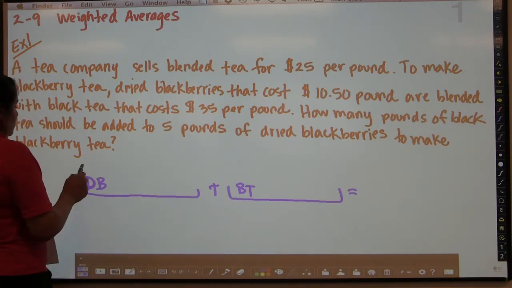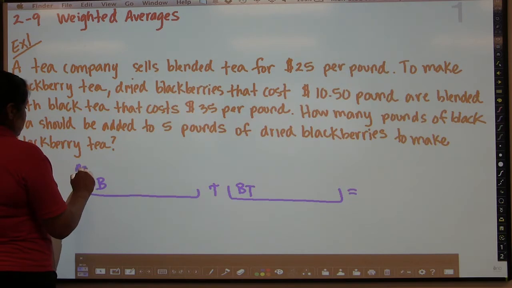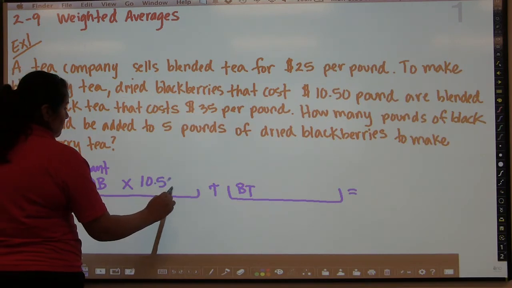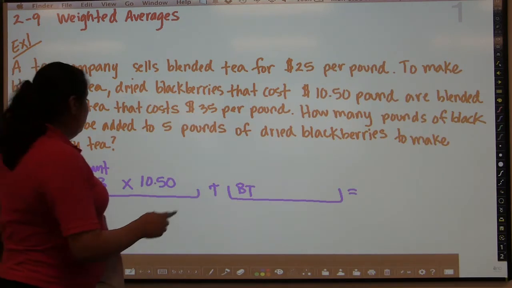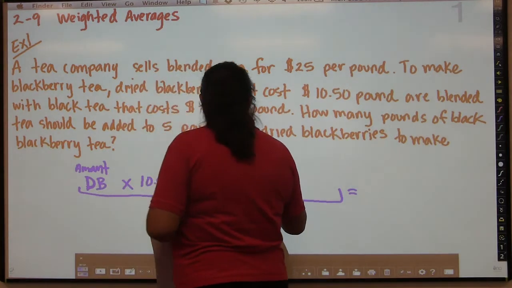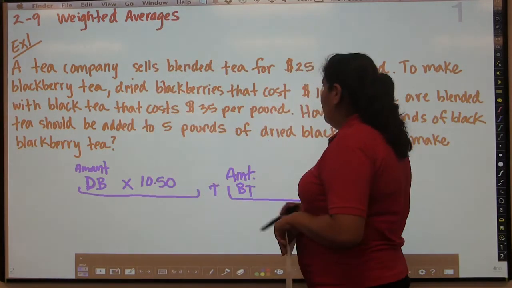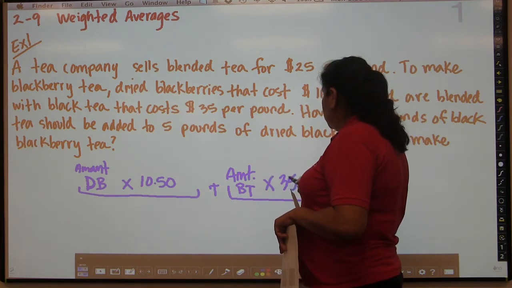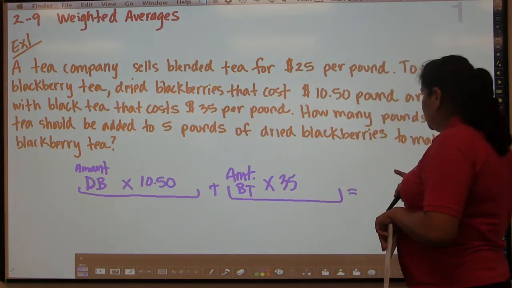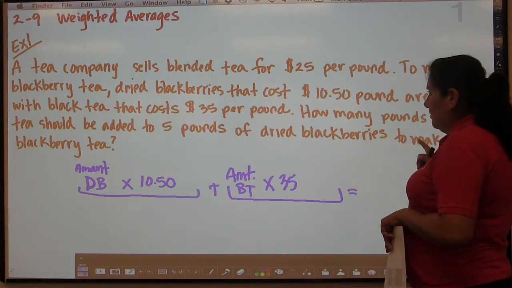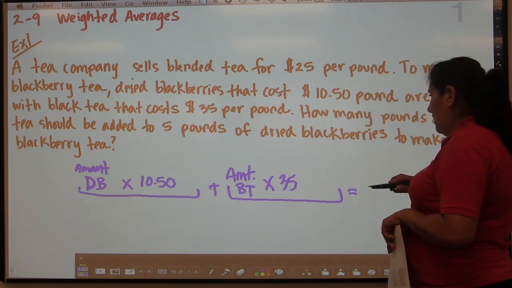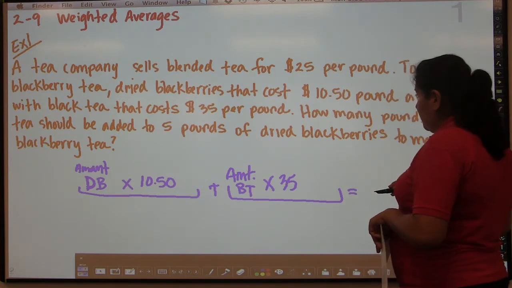So the amount of dried blackberries times $10.50, and then plus the amount, and I'll abbreviate amount AMT, the amount of black tea that's going to cost me $35 per pound. And I want to know how many pounds of black tea should be added to 5 pounds of dried blackberries to make blackberry tea.